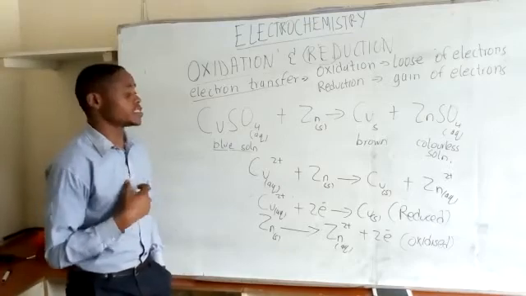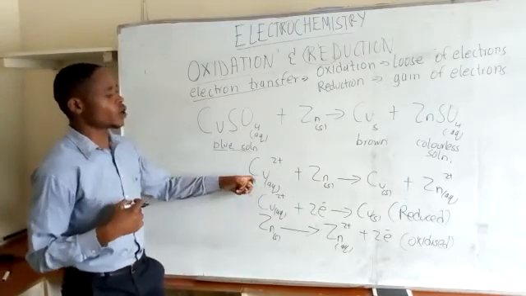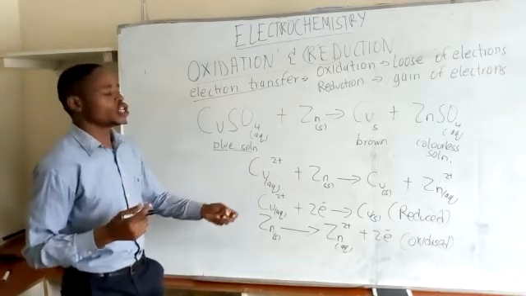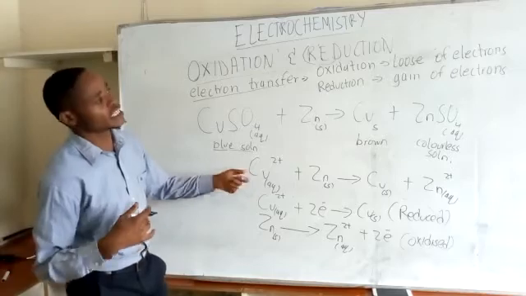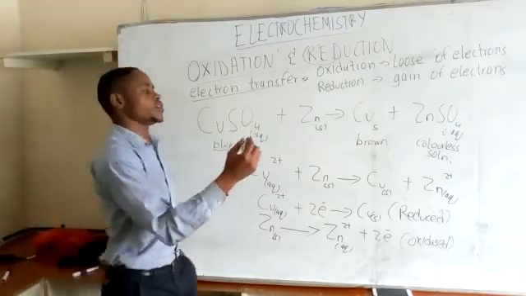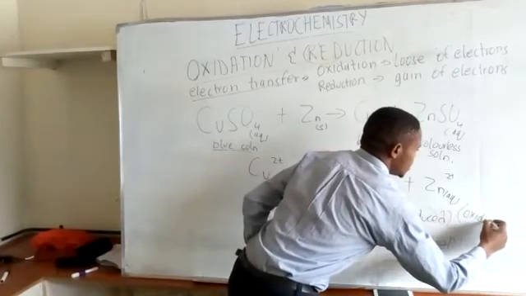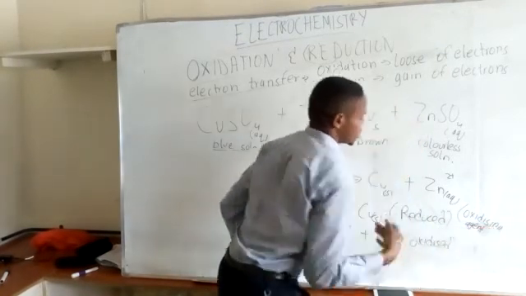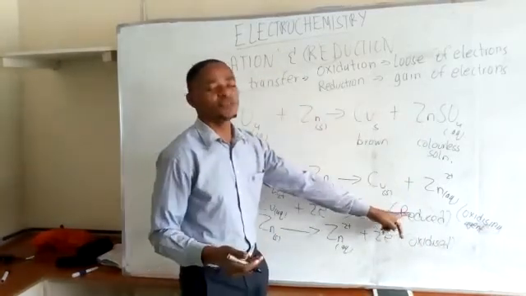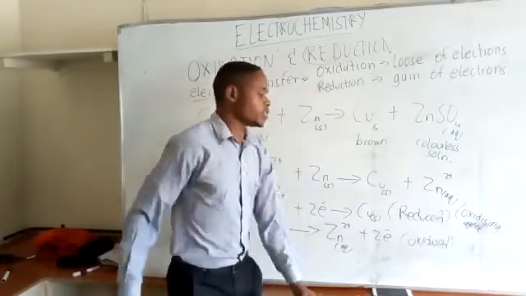Something else that you should note is that, in this case, we say copper is being reduced. The species that is being reduced, we normally call the oxidizing agent. It's the inverse. So if a substance is being reduced, then we call it the oxidizing agent.